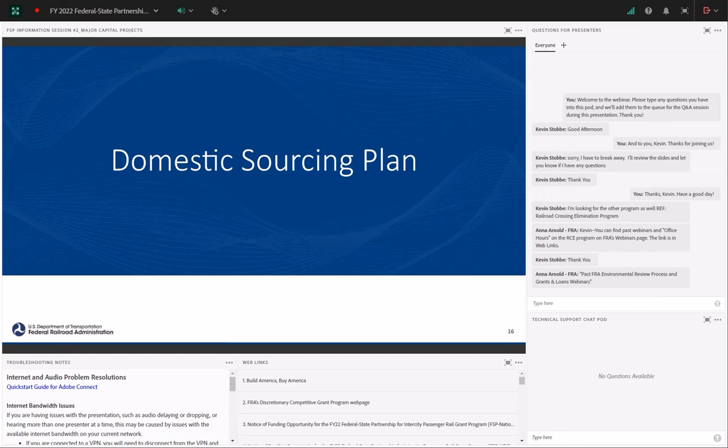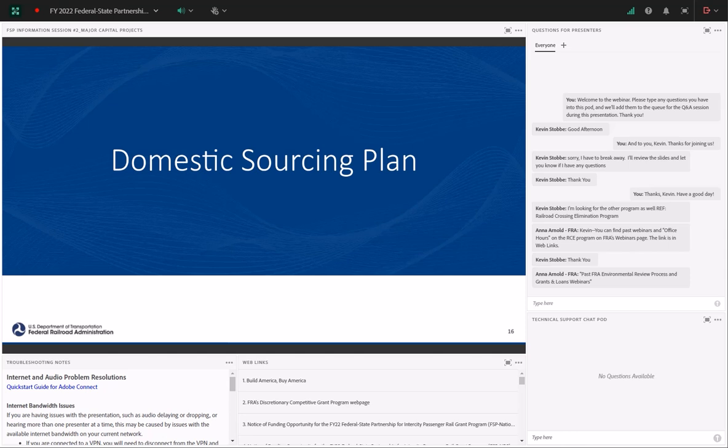We're gonna talk about the domestic sourcing plan, which is not a requirement of the Federal State Partnership for Intercity Passenger Rail NOFO. However, we are encouraging applicants who intend to seek a waiver for Buy America, Build America requirements to consider submitting the domestic sourcing plan at time of application to help us get a sense of the quantity of domestic sourcing within the project.